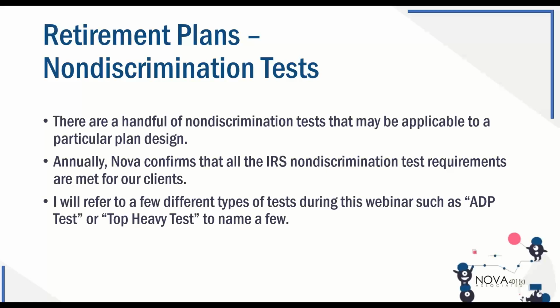And that's probably one of the most important services that NOVA 401k provides. And that is preparing the tests, communicating the results, and documenting the results, because it's very important for the plans to stay in compliance with the discrimination rules.